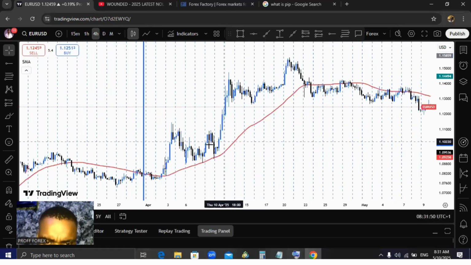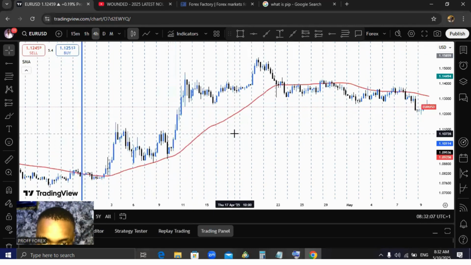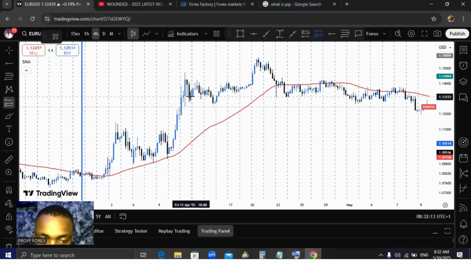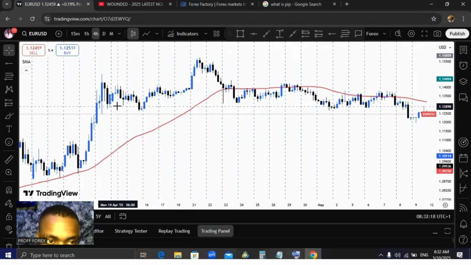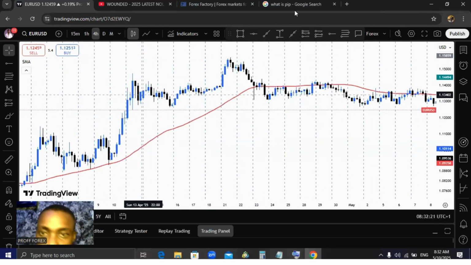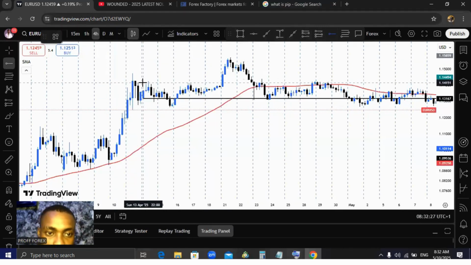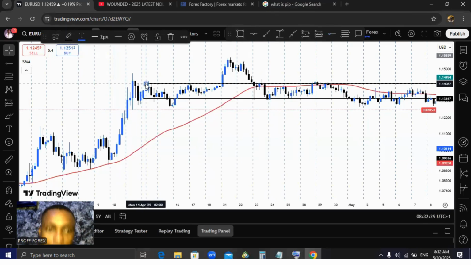Okay, because I missed it. Okay, now this is the first candle. This is the second candle.